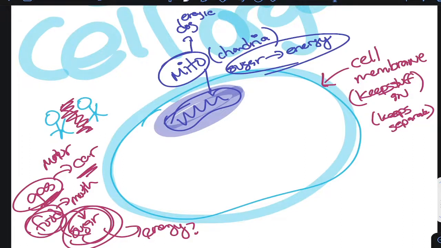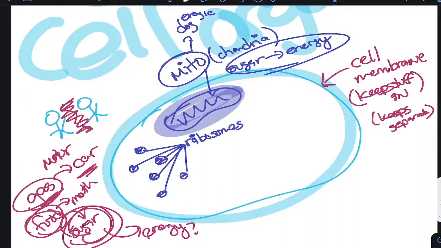The part of your cells that make stuff is something called ribosomes. And I'm going to represent those using these little dots here. We're going to call these dots ribosomes. Now, you don't need all these chords here because ribosomes don't have chords on them. I'm just going to use these arrows. Ribosomes make stuff.